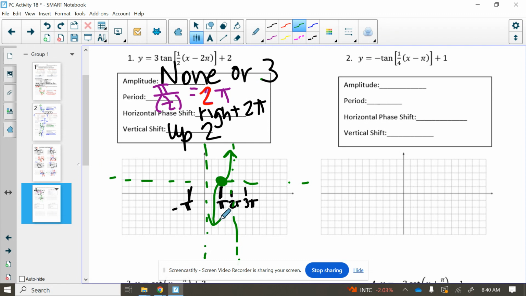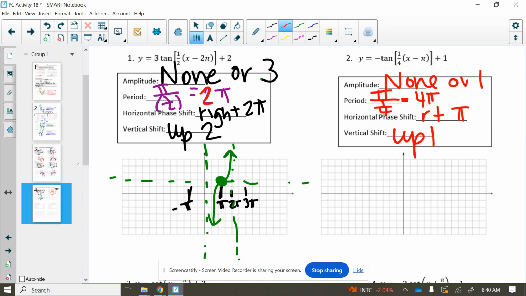For the next tangent graph, okay, we have this time an amplitude of either none or 1. Again, it will depend. The big thing here is our period this time. Pi divided by 1/4 is 4 pi. Graph moves to the right pi and up 1.